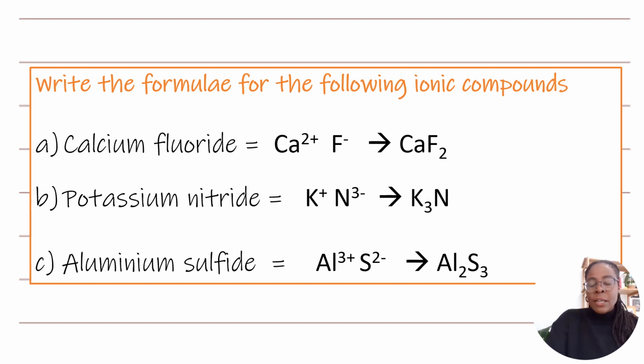Potassium nitride, potassium K+ ion as it's in group 1, N3− ion as nitrogen is in group 5. Swap those numbers over and we end up with K3N. And finally, aluminium sulfide, just like the aluminium oxide that we did as a worked example, Al3+, S2−, swap those numbers over and we get Al2S3.